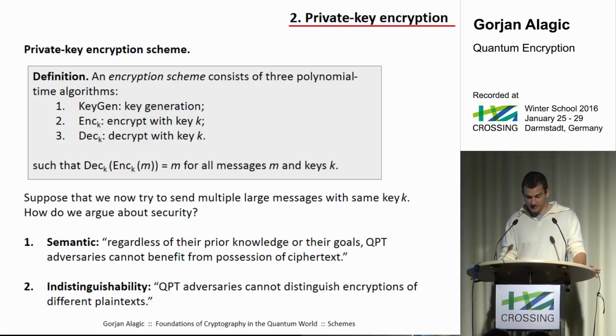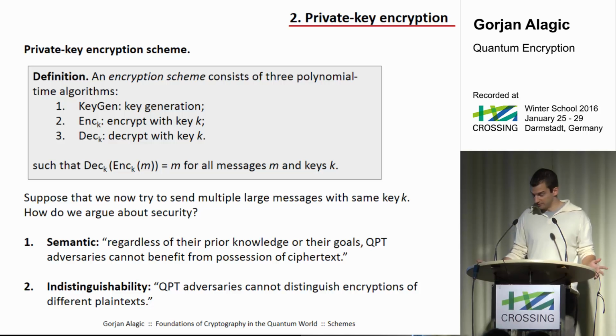For all of those combinations, giving them the ciphertext doesn't help. I think this is a very natural notion. You've probably seen it before, and it really seems to say what we want security to mean in practice.